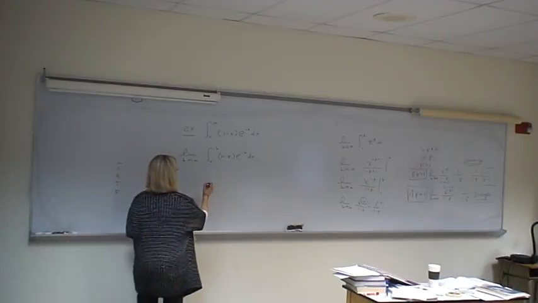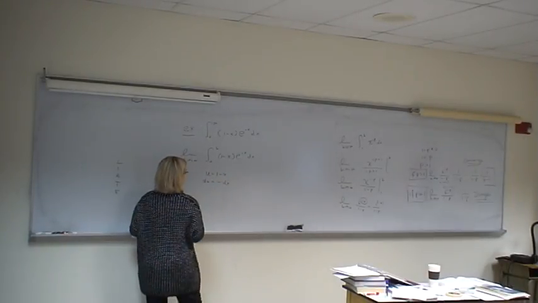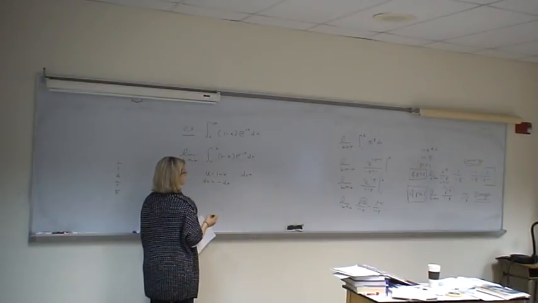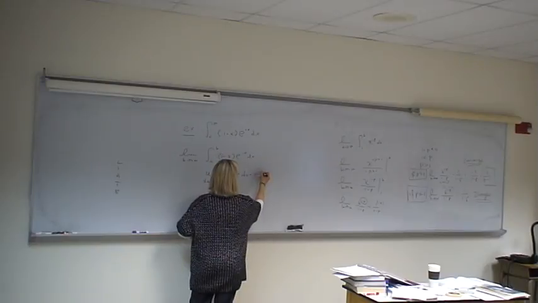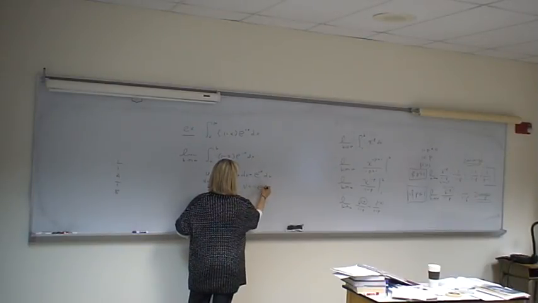So u equals 1 minus x, so du is equal to negative dx. And then dv is e to the negative x dx, and v is negative e to the negative x.